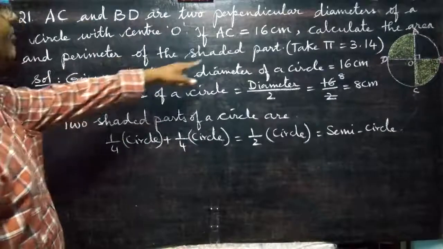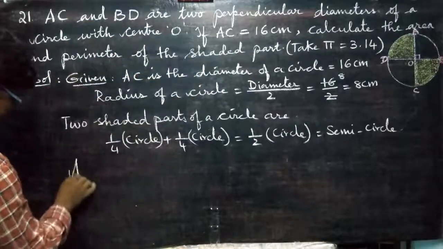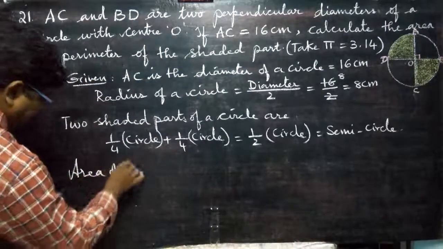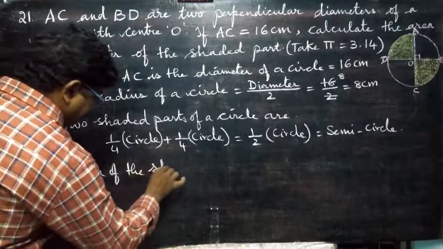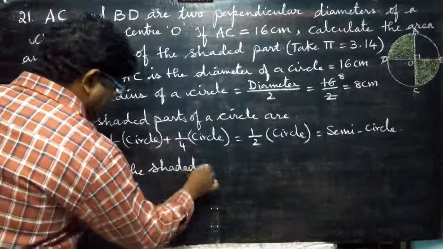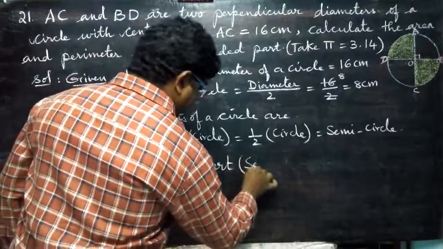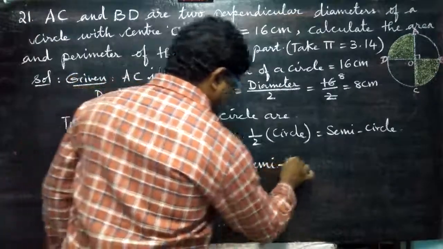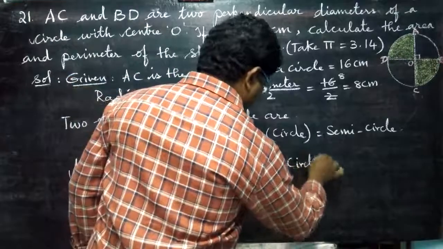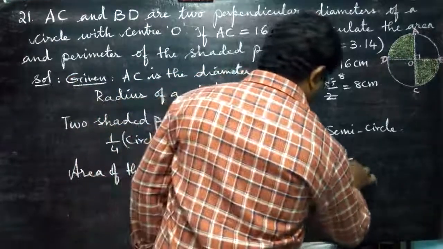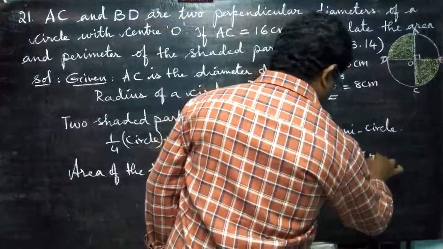First we will find the area of the shaded part. Shaded part means, in bracket you write semicircle. What is the formula for the area of a semicircle? Half pi r square.